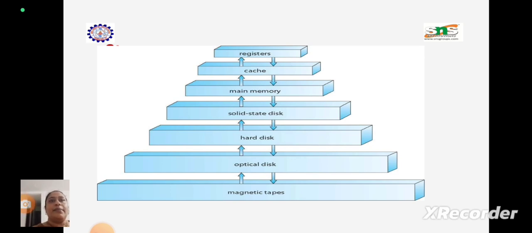For example, let us take the word processing software, that is Microsoft Word. If we have Microsoft Word, it is installed in the secondary memory. It stays or resides in the secondary memory. When you double click or open it, it gets loaded into the main memory, because we are going to perform some task in Microsoft Word.